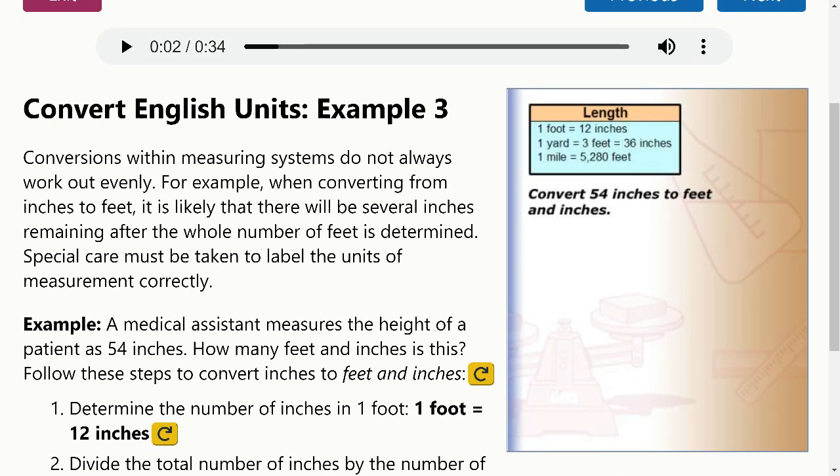I think y'all might write this length down. 1 foot. Let me see if I can make it bigger.